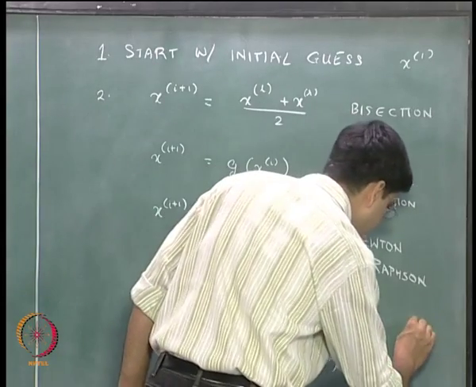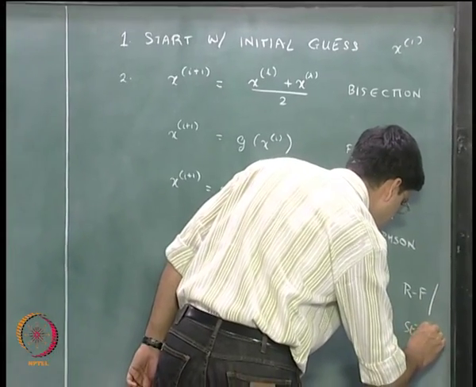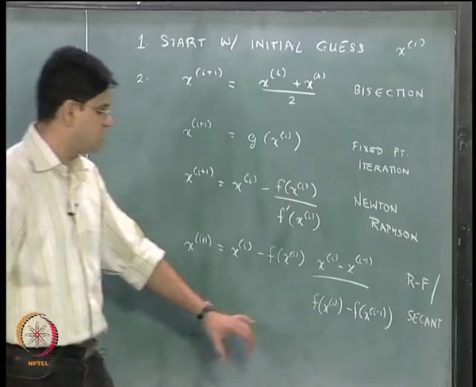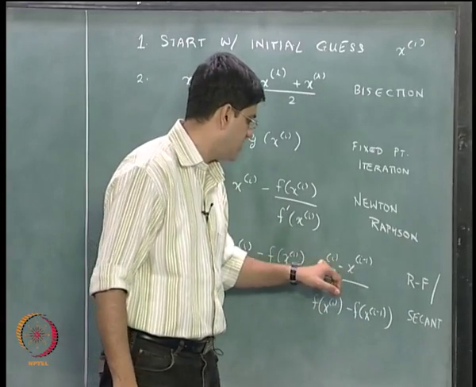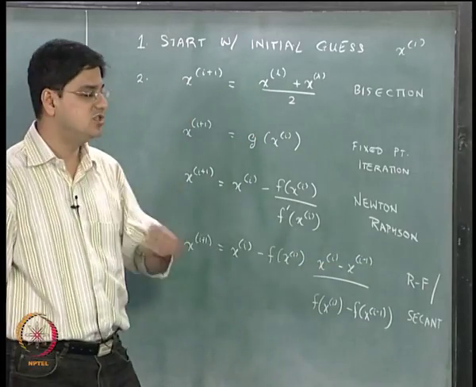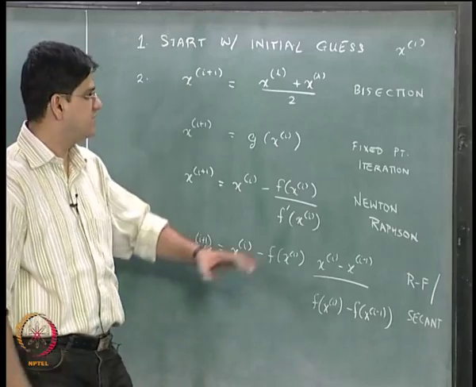This was the Regula-Falsi or secant method. Of course, the difference between Regula-Falsi and the secant method is that in Regula-Falsi we have xl and xr instead of xi and xi minus 1. So these were the methods that we looked at in our previous lecture.